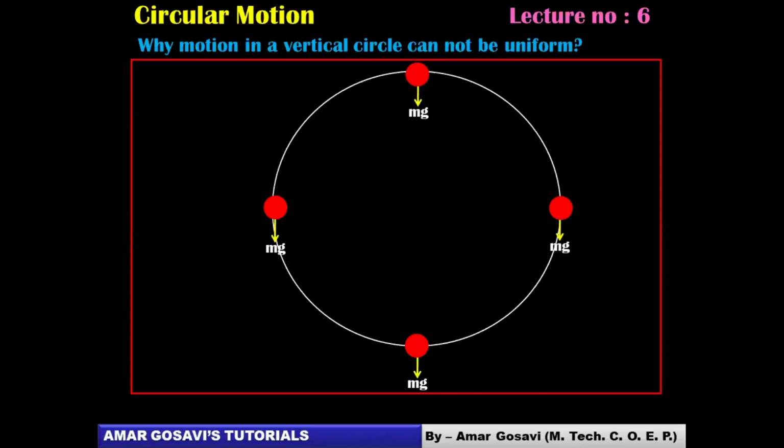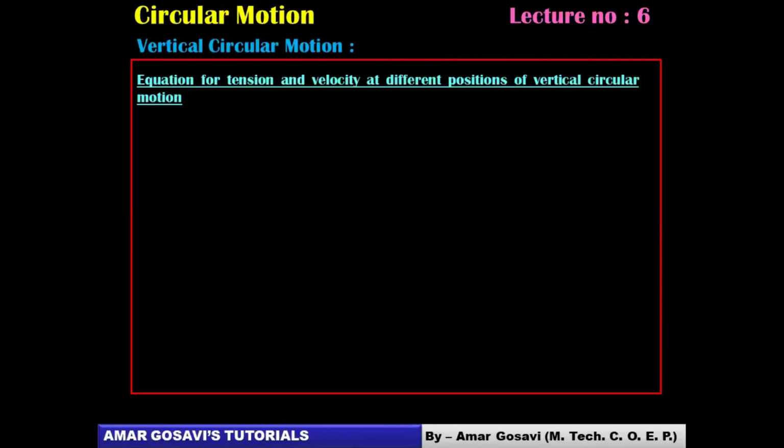Okay, hopefully things are sorted out. Let's move ahead. Let's talk about what vertical circular motion is. So when a body moves in a circle in a vertical plane, we will call that motion of the body as vertical circular motion. And to be more specific, we need to derive equation for tension and velocity at different positions of vertical circular motion.